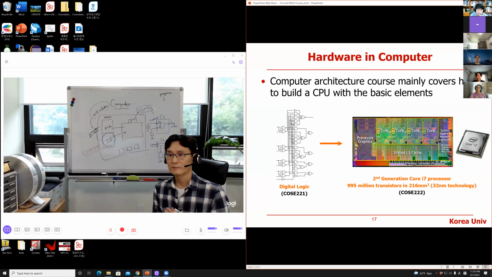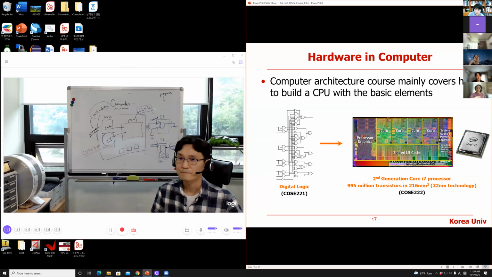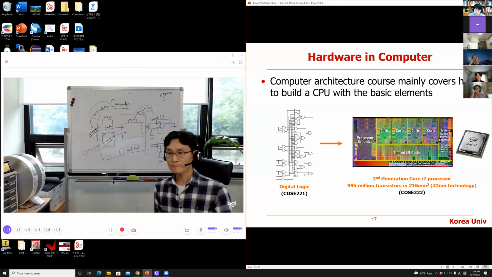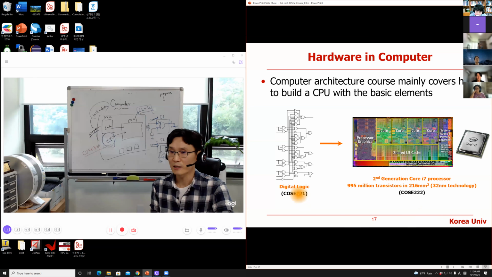The computer architecture course mainly covers how to build a CPU with the basic elements. Thanks. This slide is also still comparing these two courses, digital logic design and computer architecture. The thing is, using the same principle you learned in the digital logic design course, you can design a CPU.